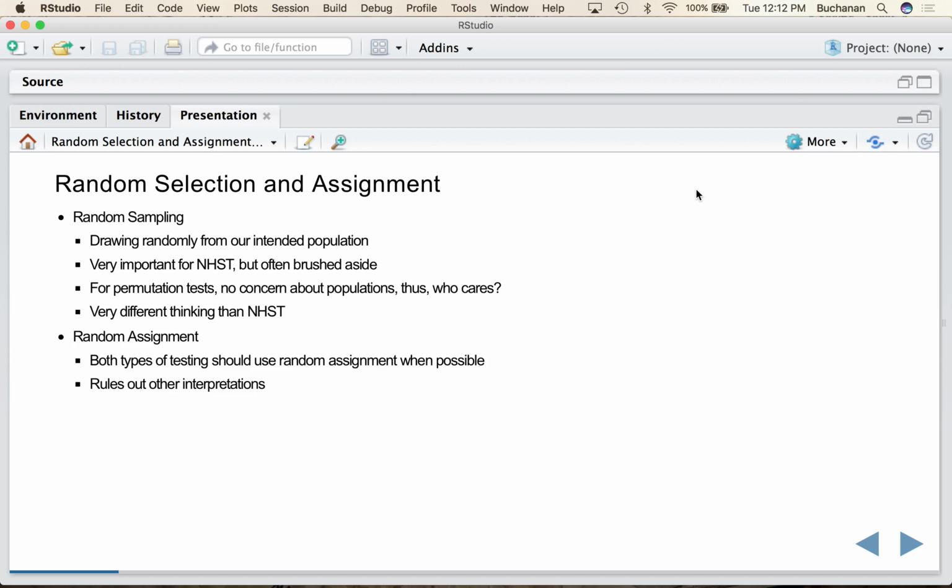Now, when you're working with quasi-experimental variables like gender, or in the example I'm going to show you, what version of the class that I taught, you can't really randomly assign. But random assignment is still crucial to both types of testing, traditional null hypothesis testing and permutation tests. Random sampling is more important for traditional tests.